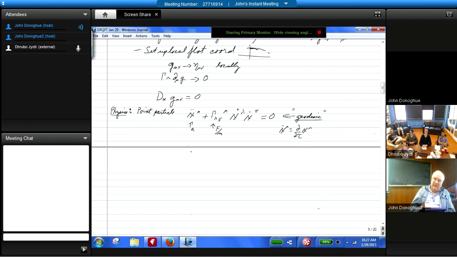But the basic point here is that we know we can choose a frame where the particle doesn't accelerate, just by choosing your coordinates right. In those coordinates, gamma equals 0. So I get gamma equal to 0, g equal to eta in these coordinates, and therefore I get this metricity condition.